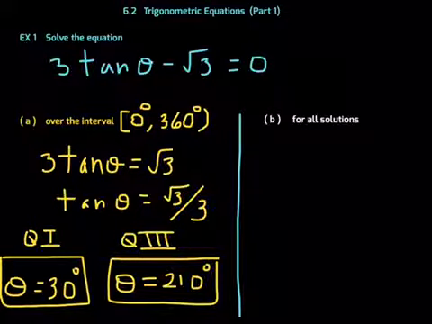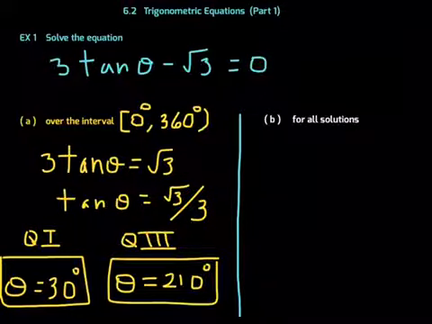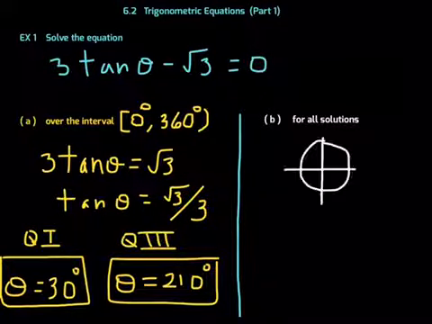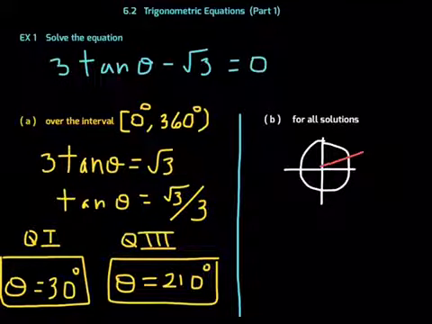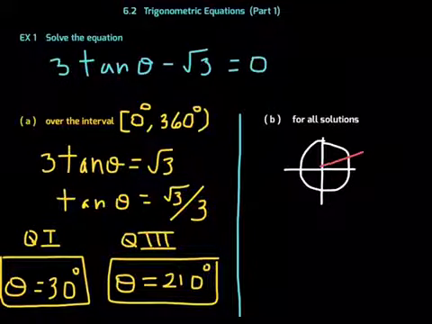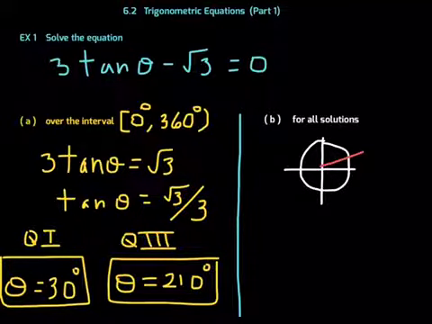Now, when you solve for all solutions, let me draw you a little picture of what we're saying here so far. So one of our answers is 30 degrees, which is about there, okay, everybody? And then the other solution is 210 degrees, which is, let's say, about right here, okay?